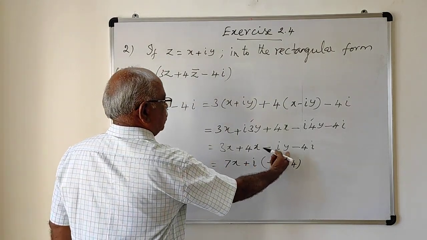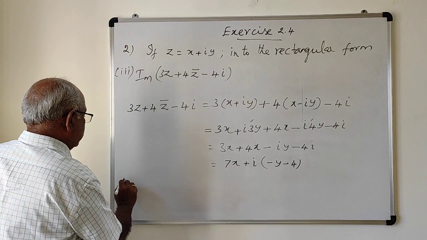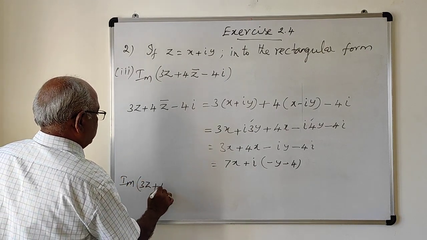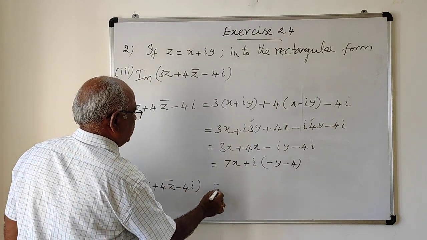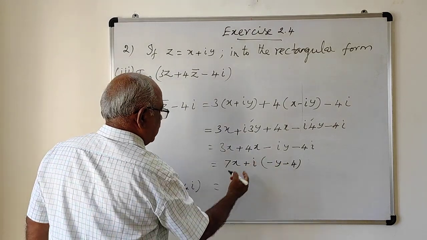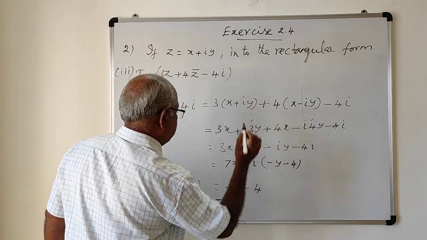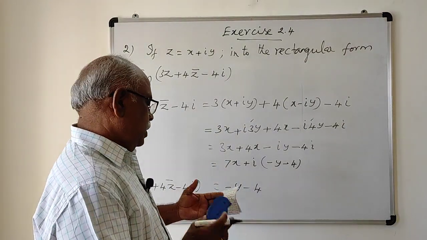So the imaginary part of 3z plus 4z bar minus 4i is minus y minus 4. That's all. This is the third problem.